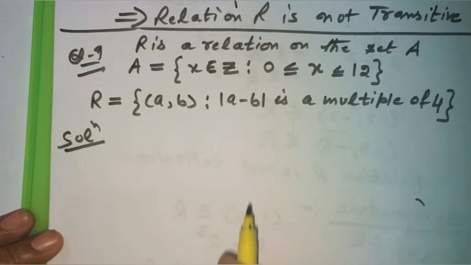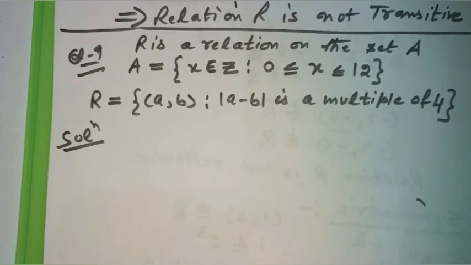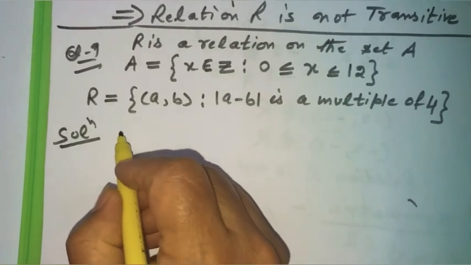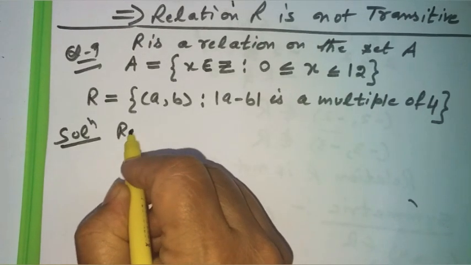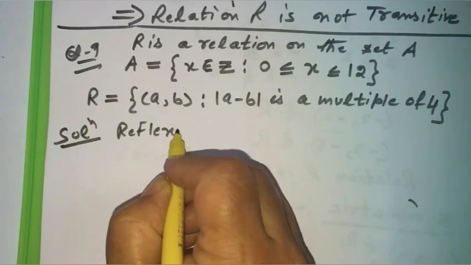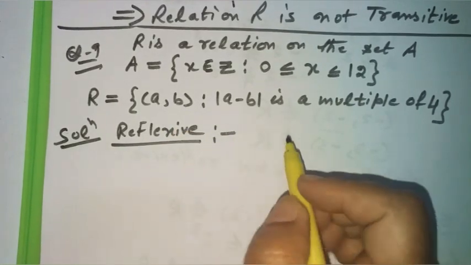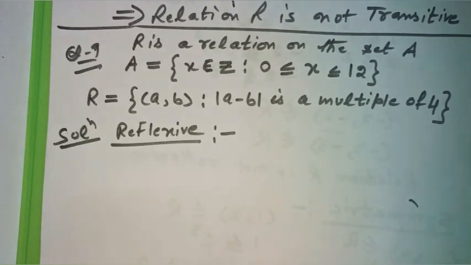So please recall the definition of an equivalence relation. Any relation is an equivalence relation if it is reflexive as well as symmetric as well as transitive. So in a way they have already given you that the relation is reflexive, symmetric, and transitive.